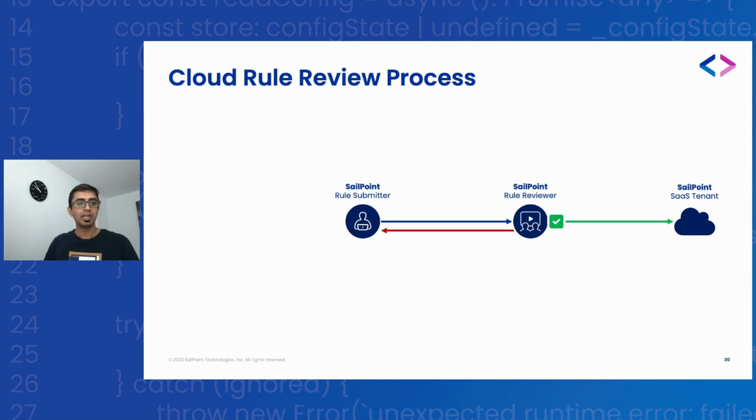So when it comes to the partner or customer, they cannot directly submit this review request. Instead, they need to submit the request through an expert services ticket, and that ticket will be picked up by a member of the professional service team, and they will submit the rule review request on behalf of the partner or customer. The rest of the process will follow the same.